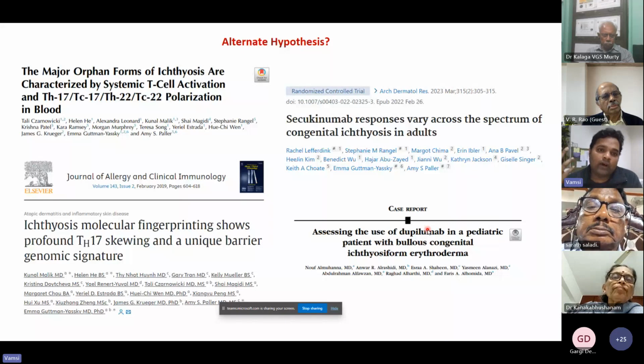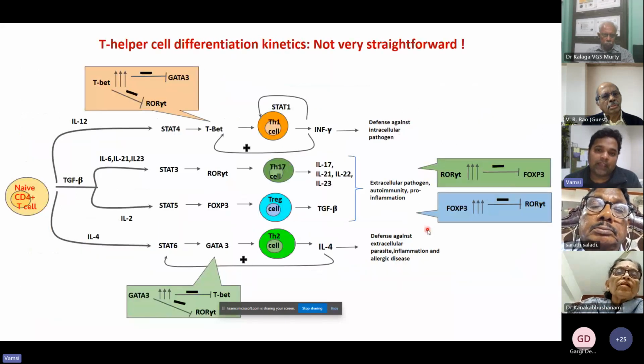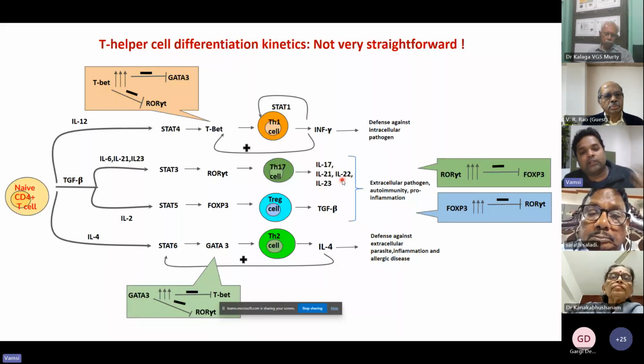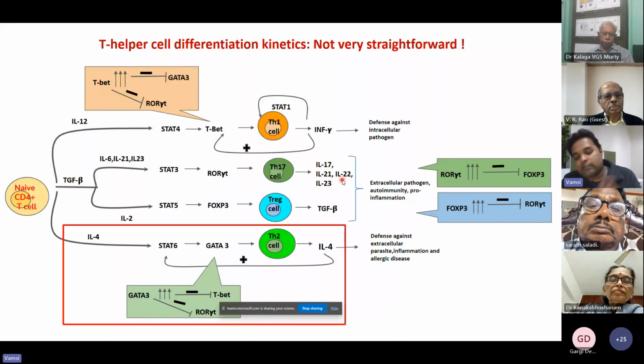So we come down to T helper cell differentiation kinetics, which is not very straightforward, because the same cell fate can be driven toward the TH1, TH17, or TH2 pathway. This is the same pathway that is important for atopic dermatitis, psoriasis, and ichthyosis, and we are currently focusing on a very specific molecule that we think can be immediately taken into therapy for clinical translation.